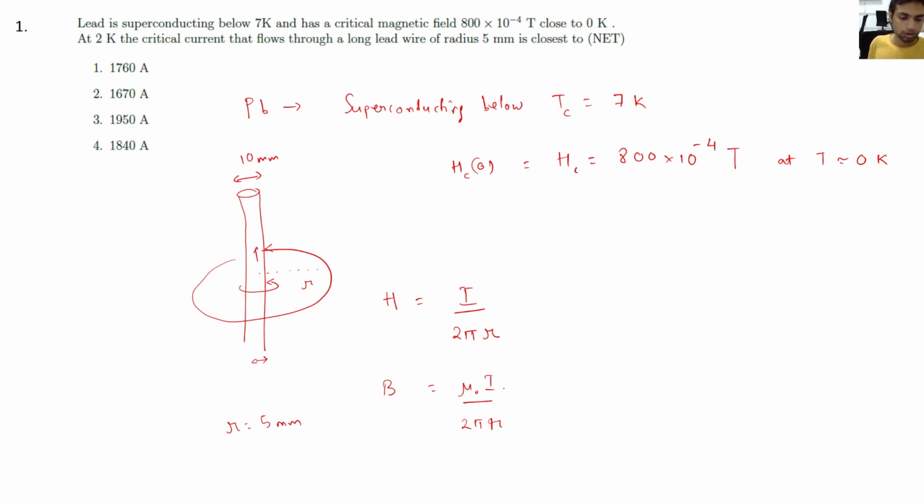Mu naught we know, the current we have to find, and the magnetic field should correspond to the critical magnetic field at 2 Kelvin. We know the critical magnetic field at 0 Kelvin, in Tesla.